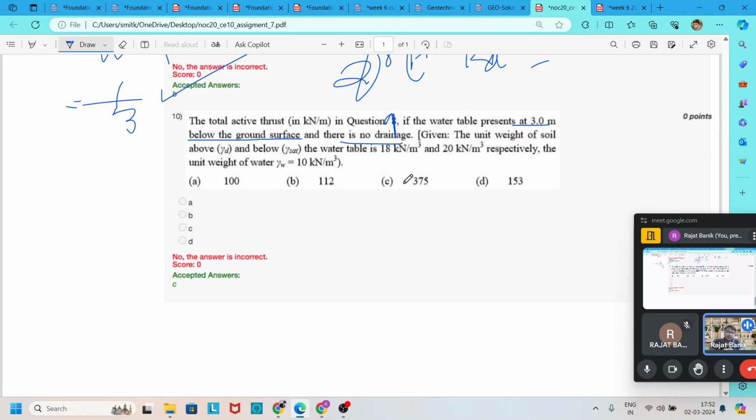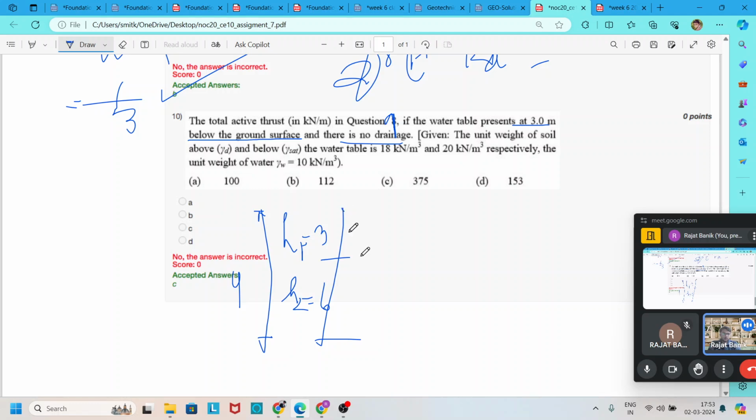Gamma W is given 10 kilonewton per meter cube. So first draw the pressure diagram. The pressure diagram is divided in two layers. One is above the water table, H1 is equal to 3 meter, and the total is 9 meter, so below the water table it becomes 6 meter.